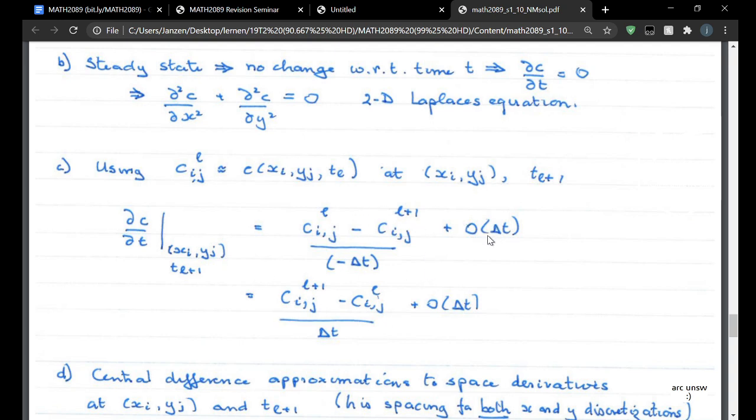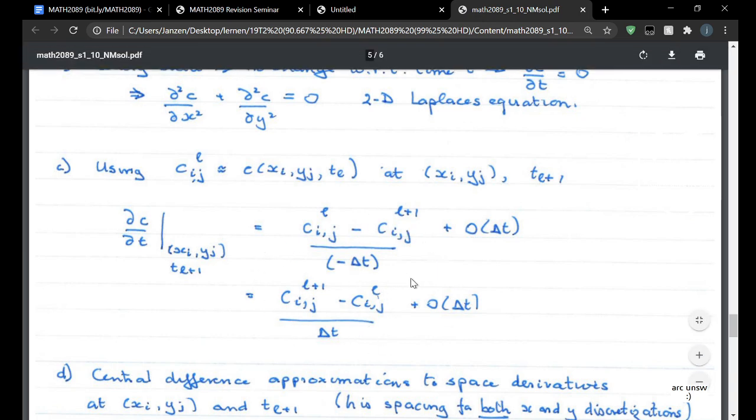And here, instead of writing the step size, the person who wrote the solutions used the deltas, which works as well. So just make sure that the superscripts and subscripts don't get mixed up with each other.